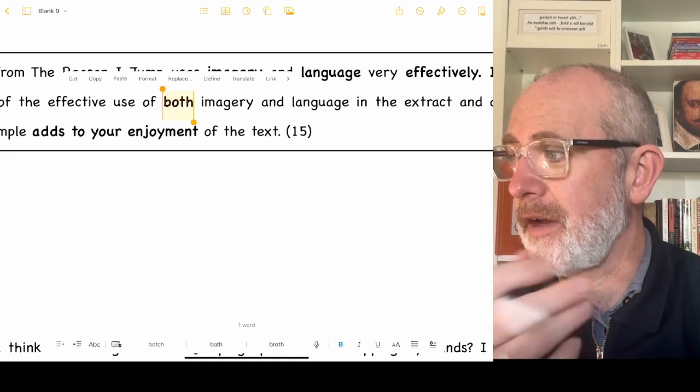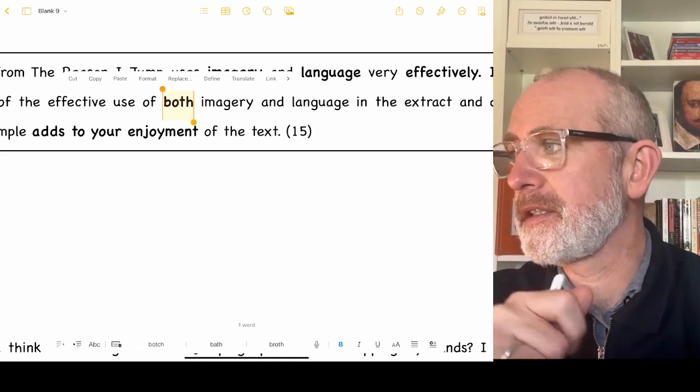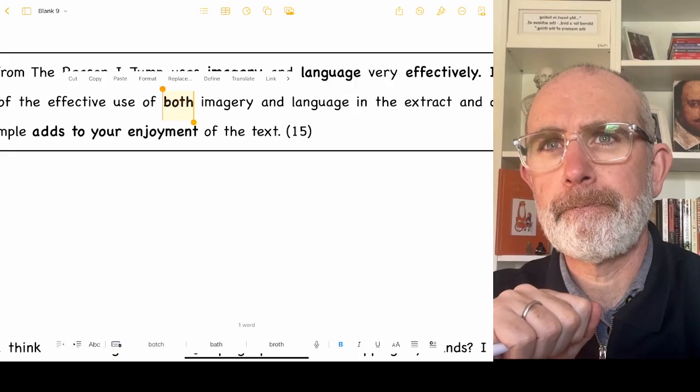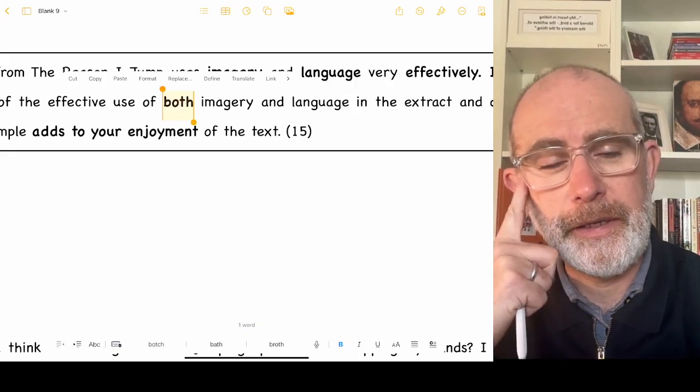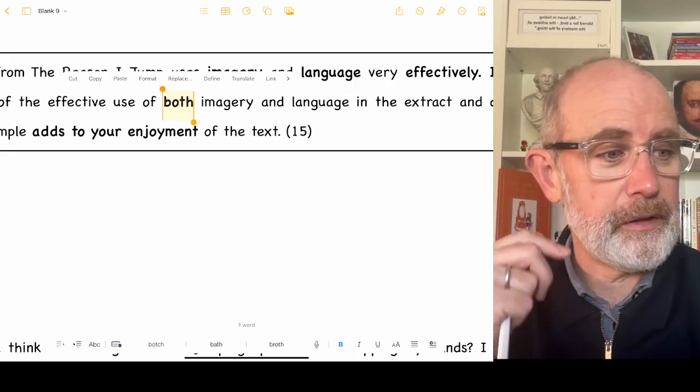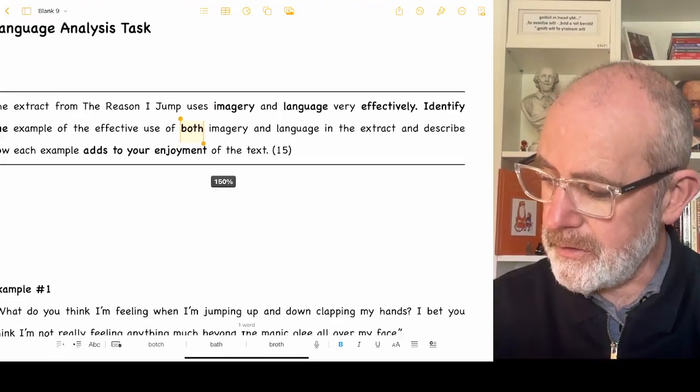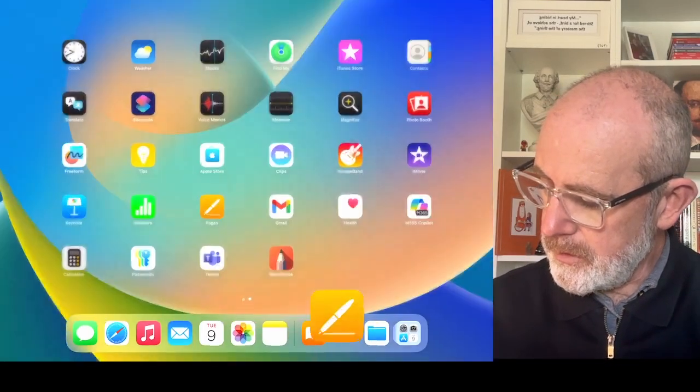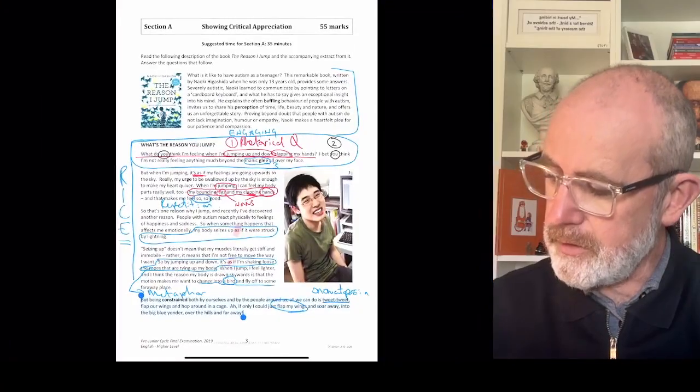And the fact is that the vast majority of students do not think about how language is used, and therefore they're limited in their ability to respond to these questions.